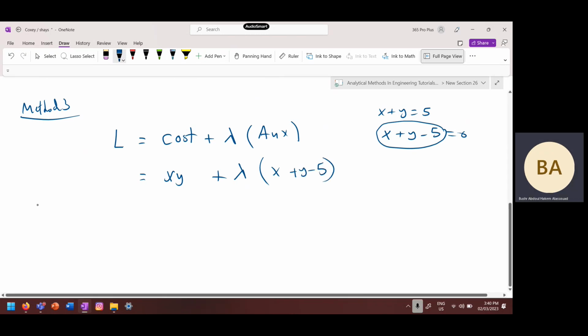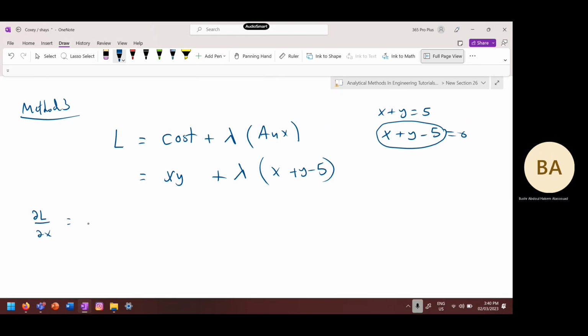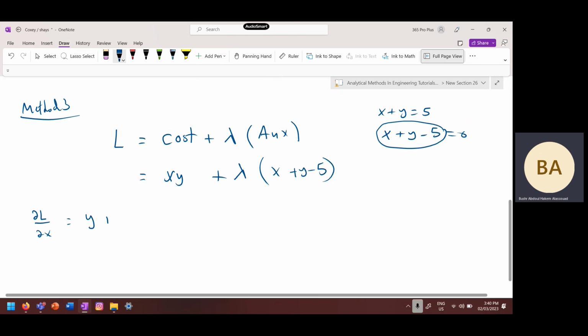Okay, now you need to find the partial derivatives of this problem. Get partial L over partial x. You'll have y plus lambda equals 0. This means that y is equal to negative lambda.